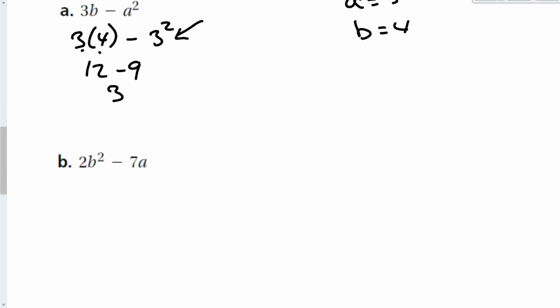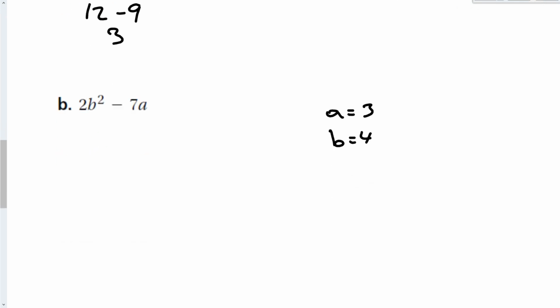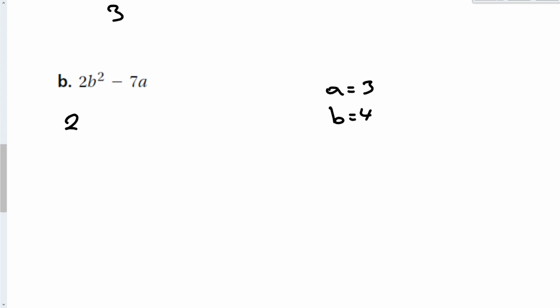Okay? Again, a is equal to 3, b is equal to 4 in part B. So we have 2 times 4 squared minus 7 times 3. Exponents first, well, parentheses first, but notice how I wrote this multiplication with parentheses instead of with a dot or instead of with the times. Okay, always easier to do it that way, so you don't get confused.